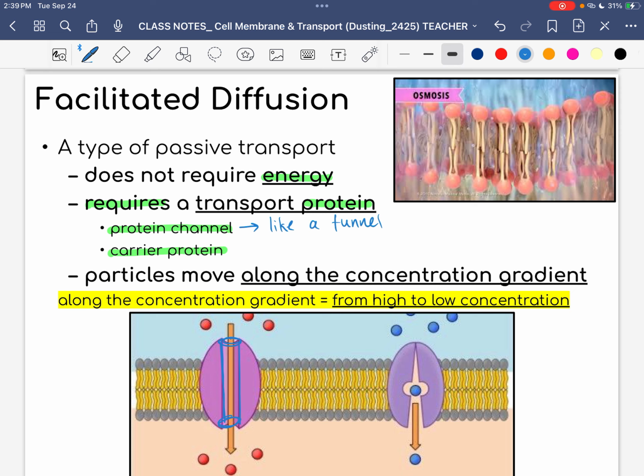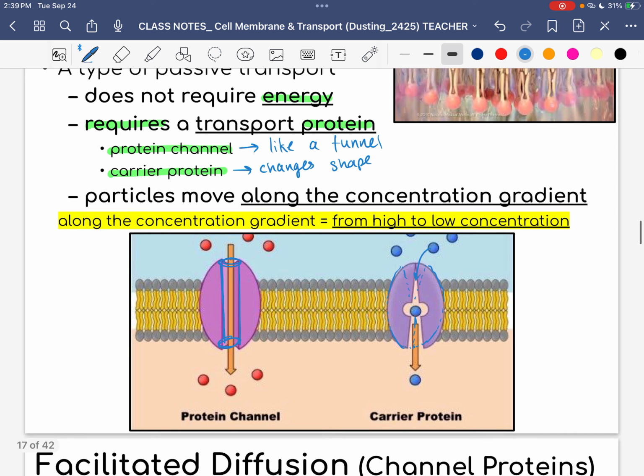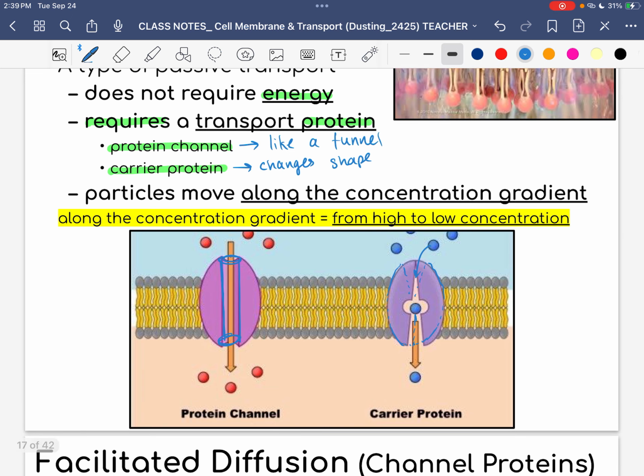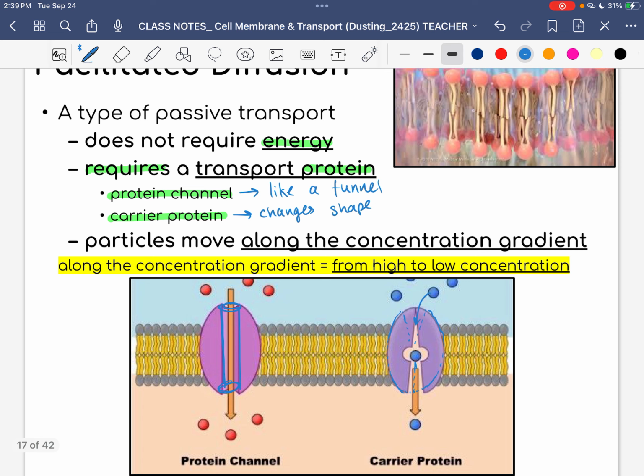Whereas a carrier protein changes shape. Okay, it changes shape. So this is going to be open to this side sometimes, and it'll be closed on this side. And then it will open up, and when this molecule moves in, it changes shape so that it's constantly moving back and forth. What it does is help larger molecules, especially things like large polar molecules or ions, things that are really strongly repelled by that hydrophobic interior.